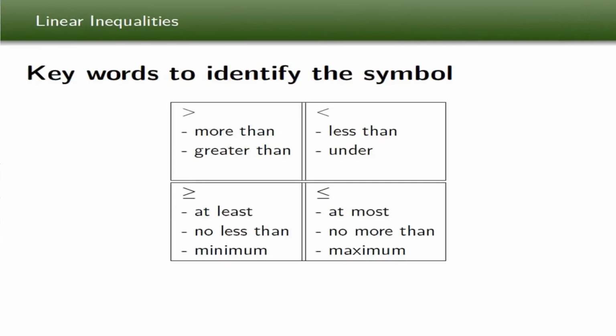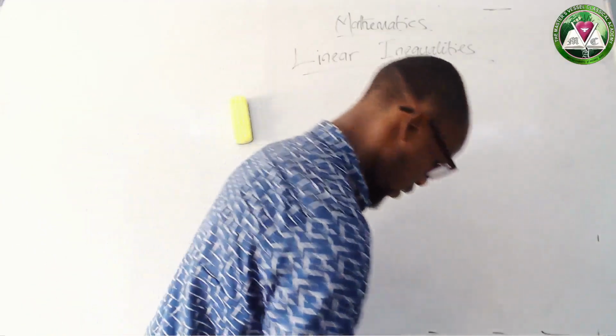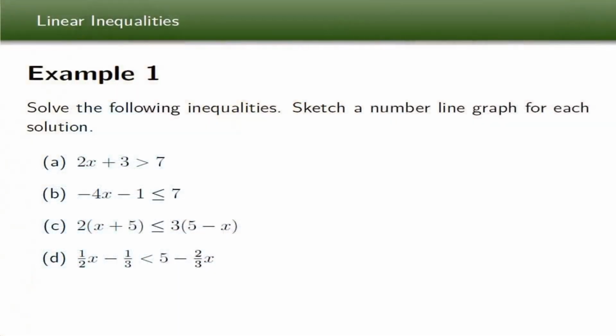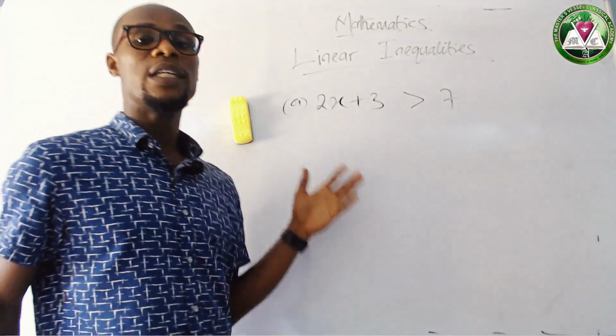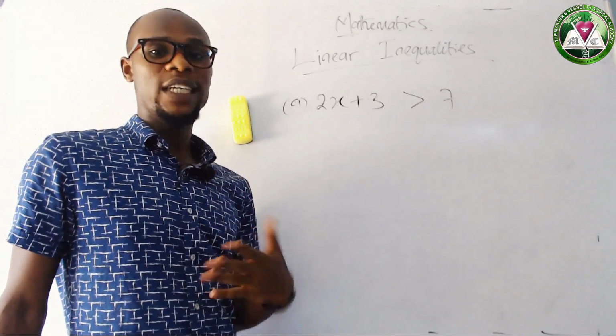Taking our first example, which is 2x plus 3 greater than 7. How do we evaluate this? Solving this inequality is the same as solving equations.